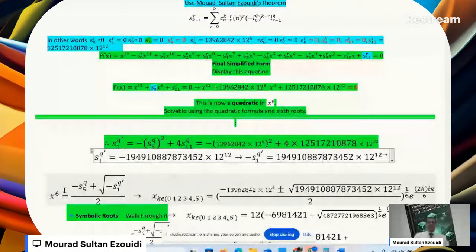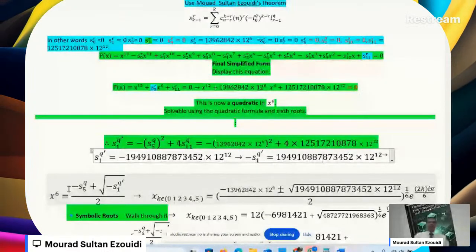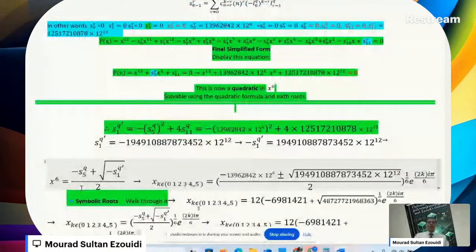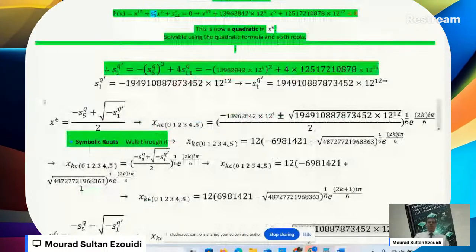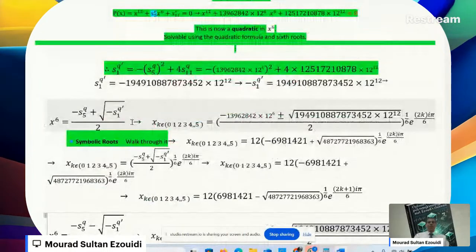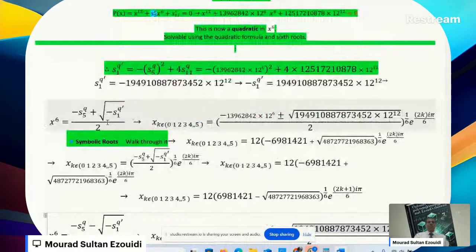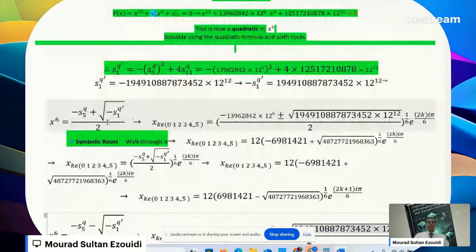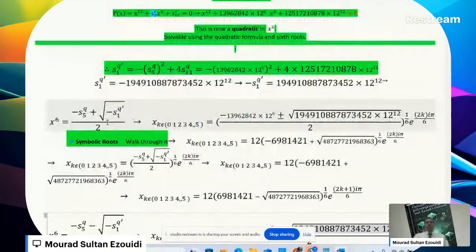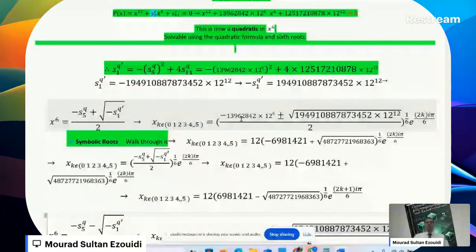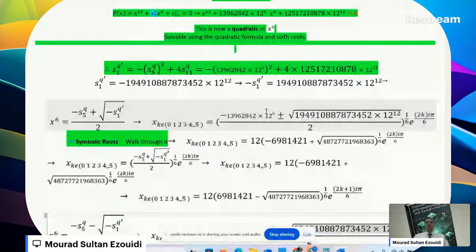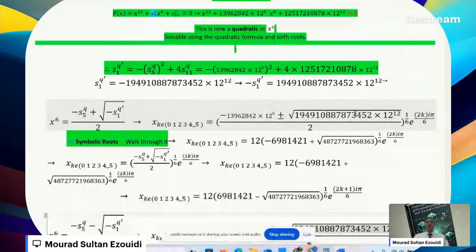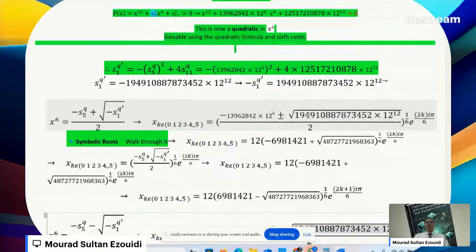So now, x raised to the power 6 equals negative S5 plus the root of the negative value, divided by 2. Therefore, this is x raised to the power 6. To find x, I take the sixth root of this value. So this x root is equal to negative 30,962,842 times 12 raised to the power 6 plus the negative value.